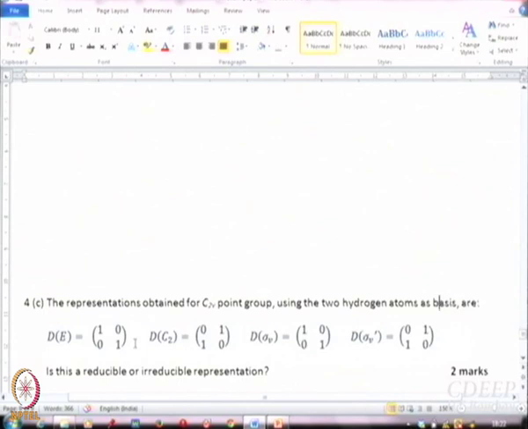I am just writing this down, I will show you in a minute. What is chi R for C2? 0. What is chi R for sigma V? 0 or 2? Do not get carried away. Add and give me the answer. 2. What is chi R for sigma V dash? 0.